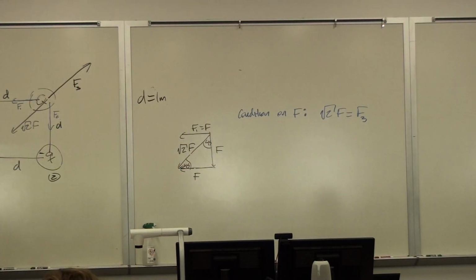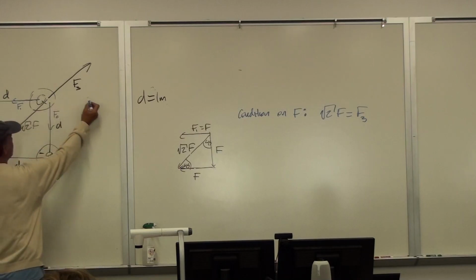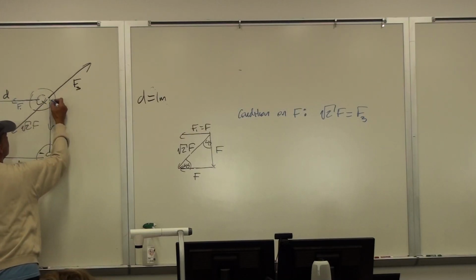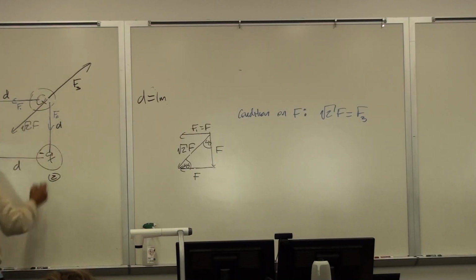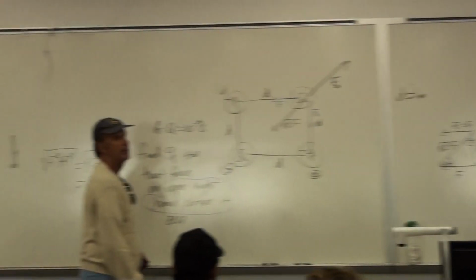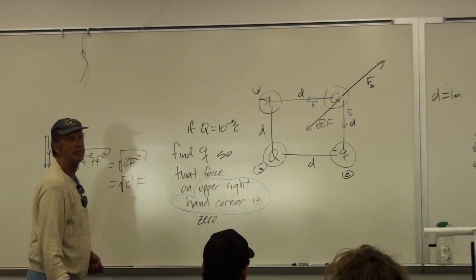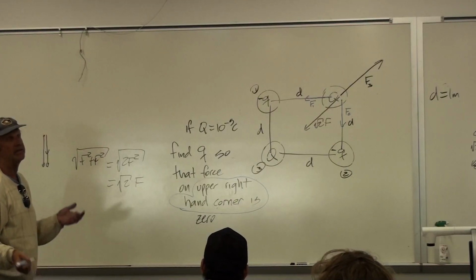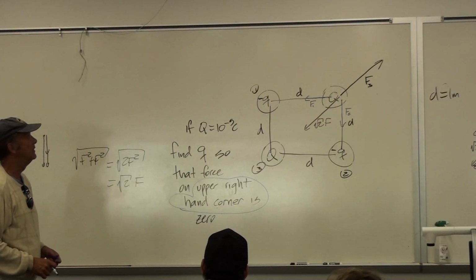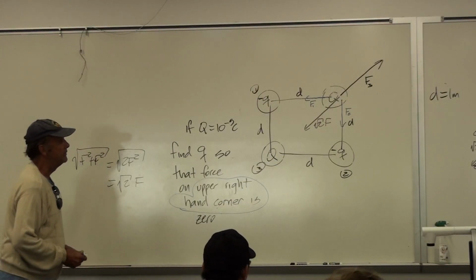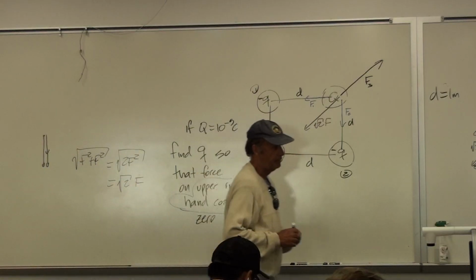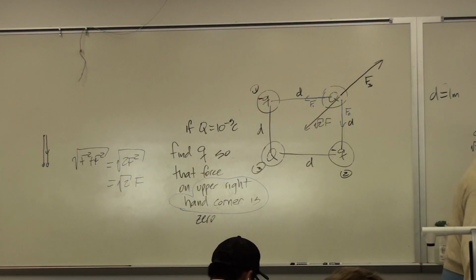The other way would be to take f3, break it up into x and y components, then set the x components equal and opposite, and the y components equal and opposite. You'll get two redundant equations, but you'll end up with the same answer. So you could do it that way, and that would be totally legitimate. But I'm going to do it this way.